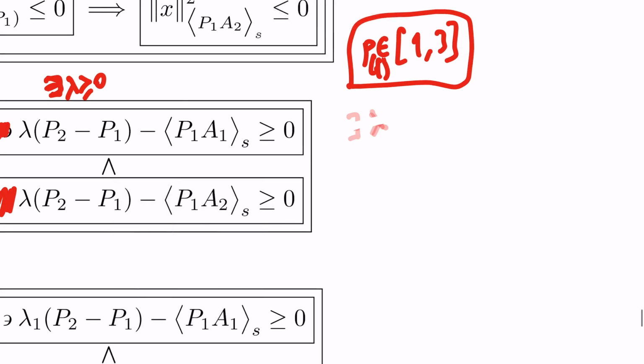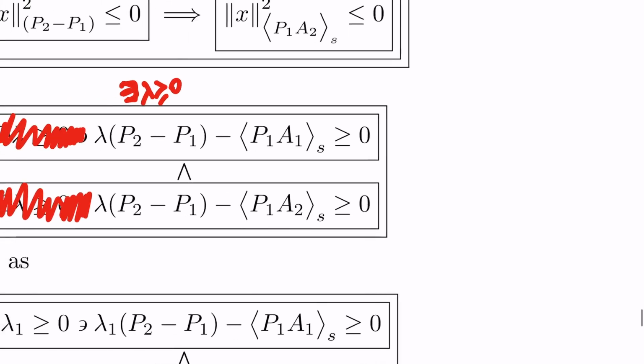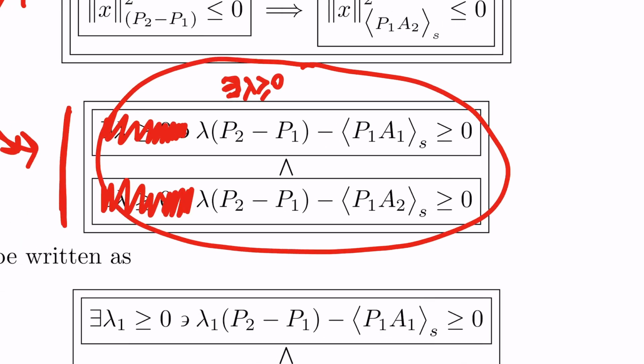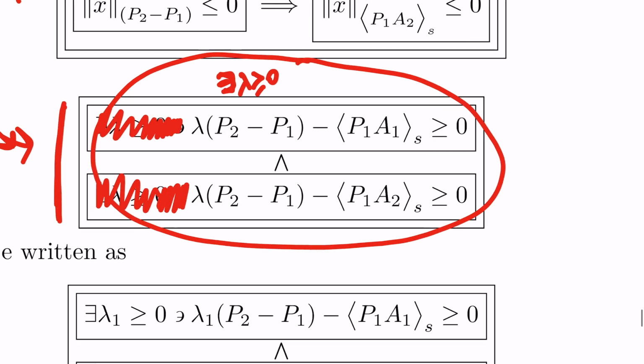The main point here was this: if that was the situation, this condition is harder than the condition that I just deleted. Why?